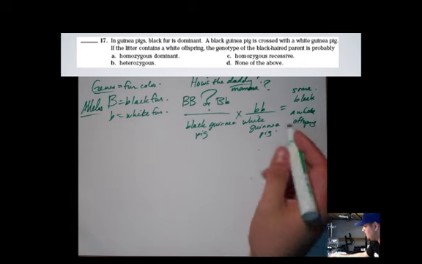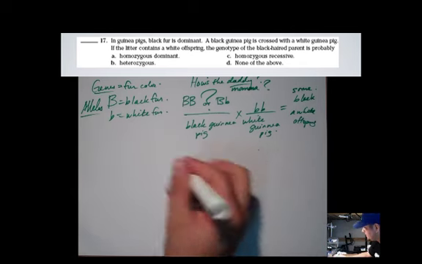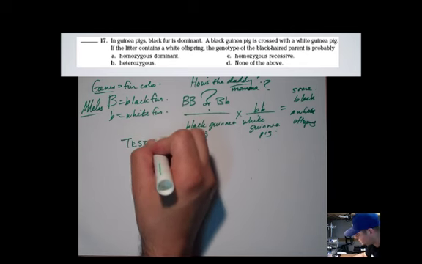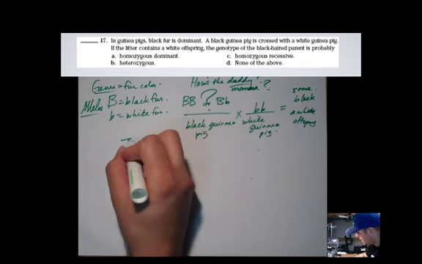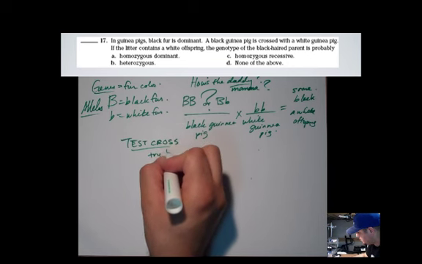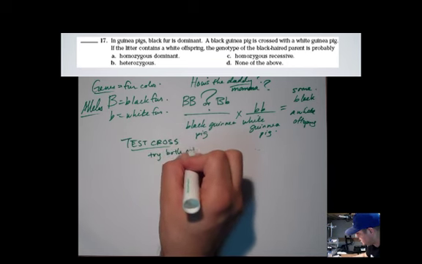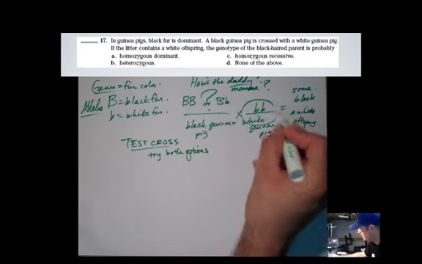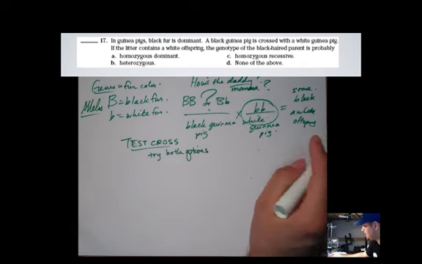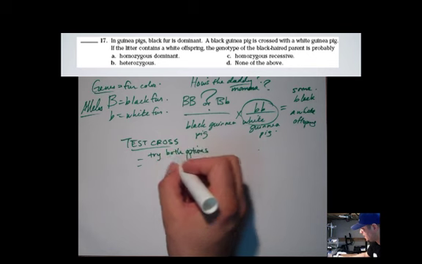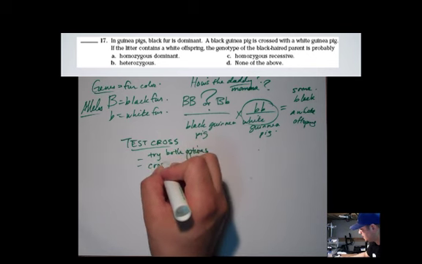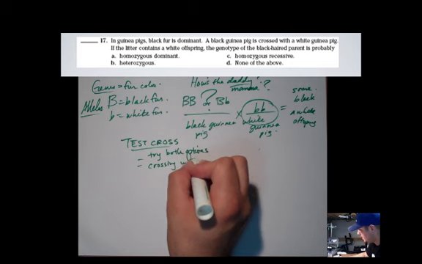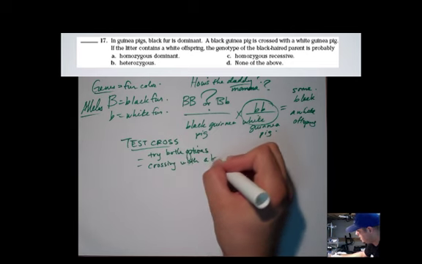So here we go. So what we can do is we can do what's called a test cross. We try both. And in a test cross, we're always crossing with this type, which is a recessive. So in a test cross, we try both options, and we're crossing with what's always our known.